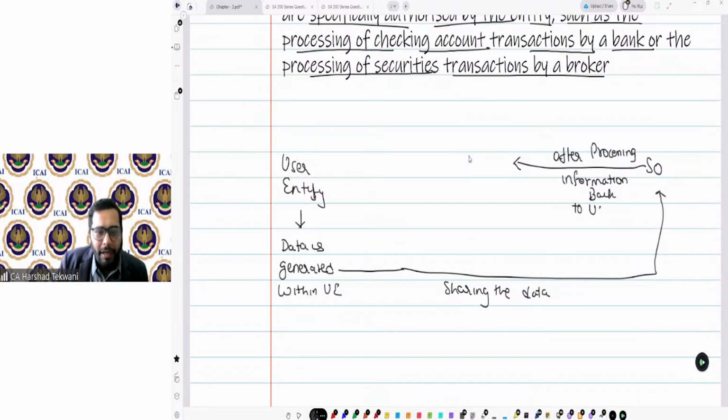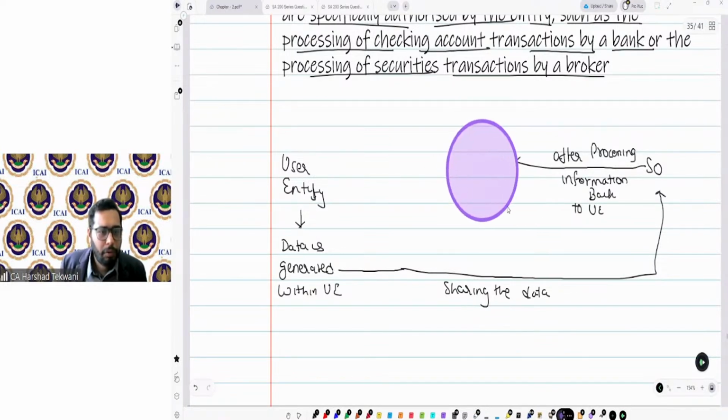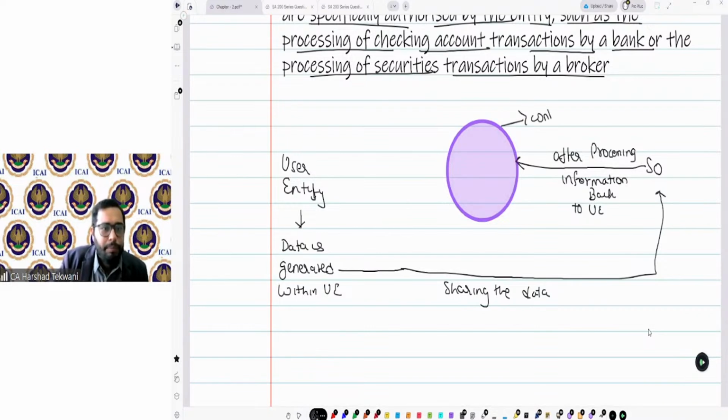SO is providing information back to the user entity. But before processing by the user entity, there are controls in place. Let's say this is the control. This is basically a control environment.